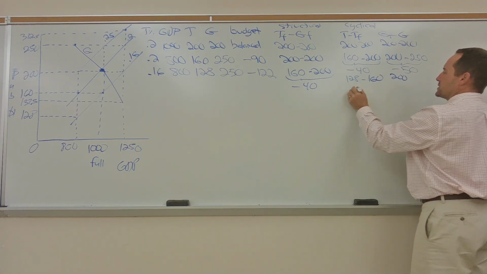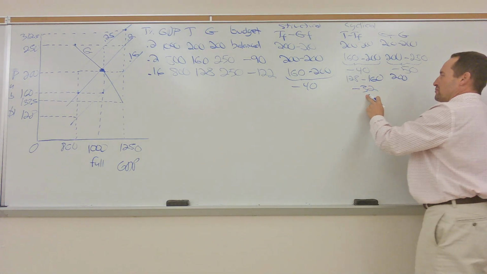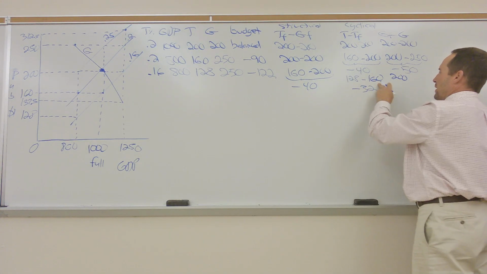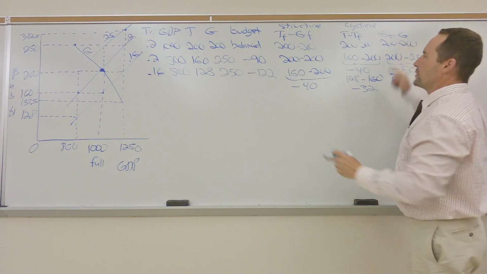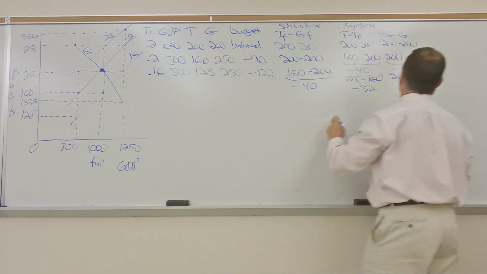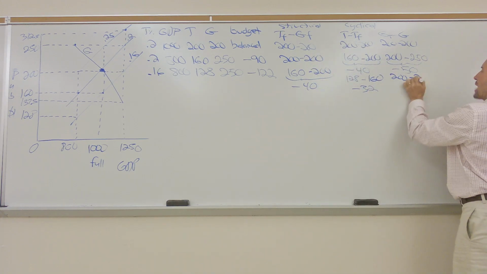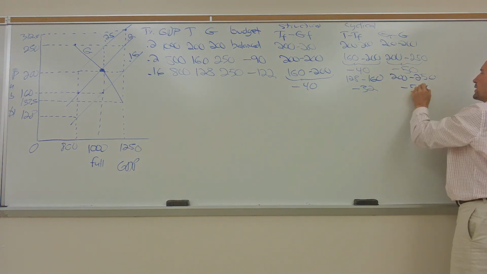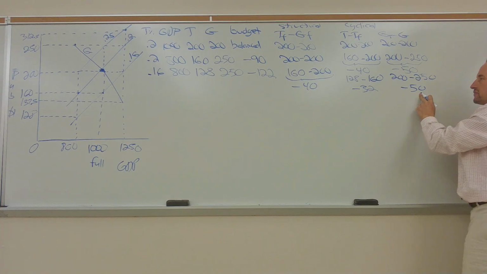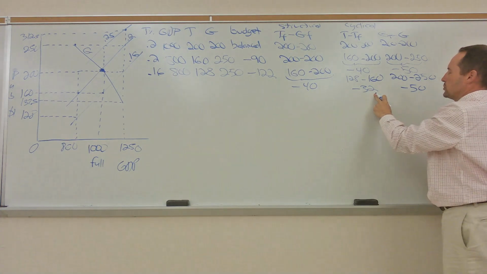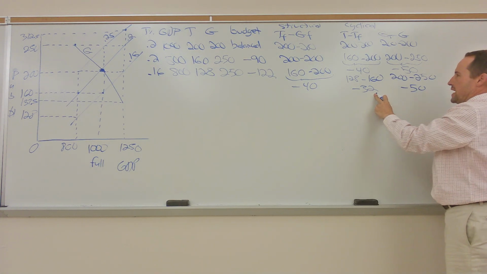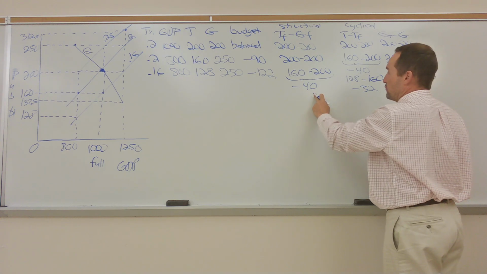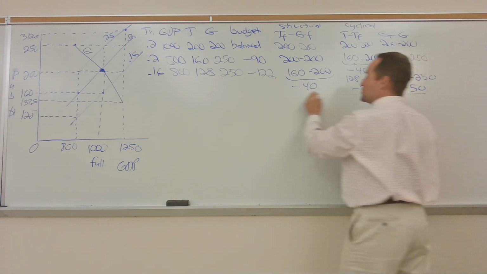So our tax collections are lagging by negative 32, which is the difference between 128 minus 160. Current G right here is 250. So this latter component of this cyclical part hasn't changed. So look what we have here. Negative 50, negative 32 is negative 82. Negative 82 plus negative 40 is negative 122.